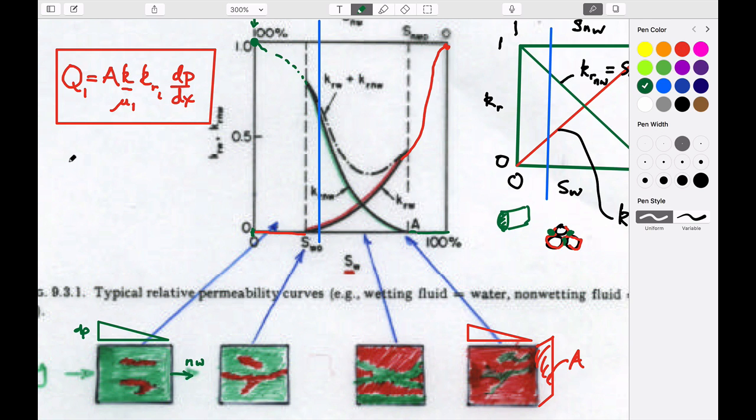Conversely, if you want to calculate how much of the second fluid comes out, I'm going to draw this with the same area, the same permeability because they are the same, divided by the viscosity of fluid 2, the relative permeability of fluid 2, and the pressure change.